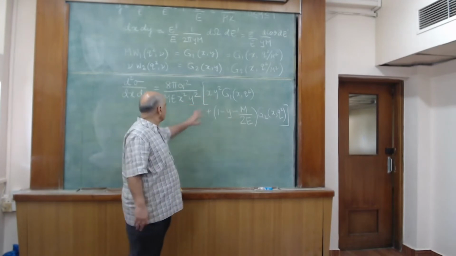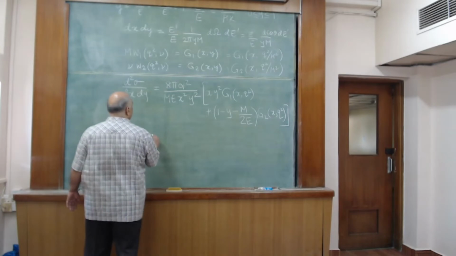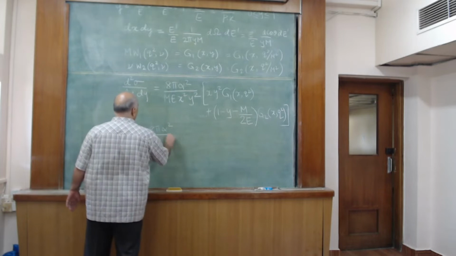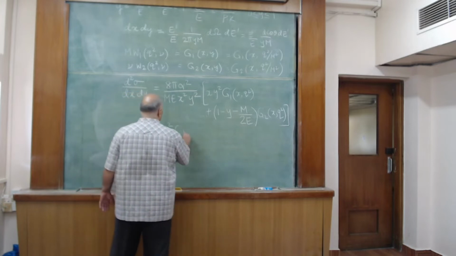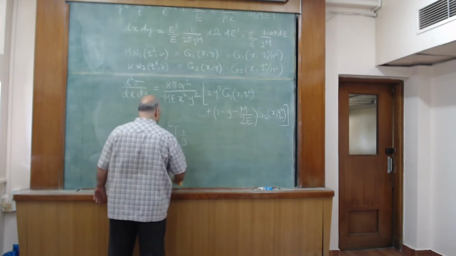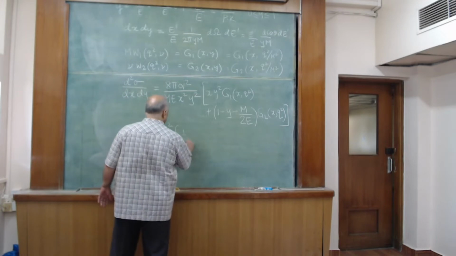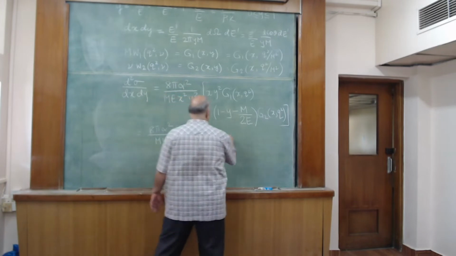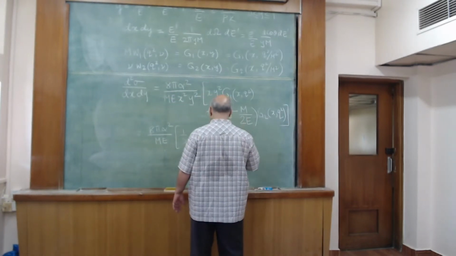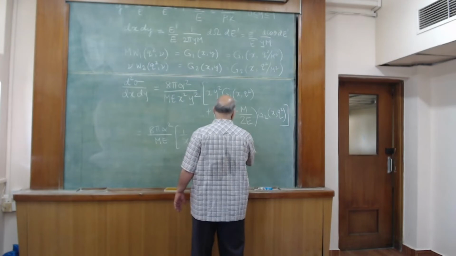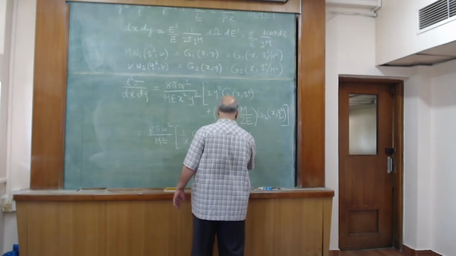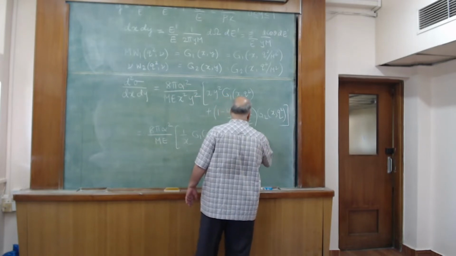Let me rewrite this as 8 pi alpha square by me times 1 over x square y square, times some constant k minus y.